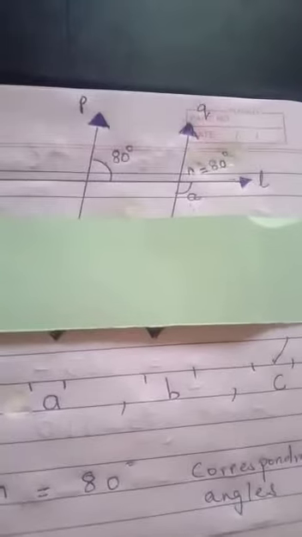So suppose I say this is N. So you'll get measure of angle N is equal to 80 degrees and the reason is corresponding angles. So I'm writing N is equal to 80 degrees. Now boys, look properly at the figure.